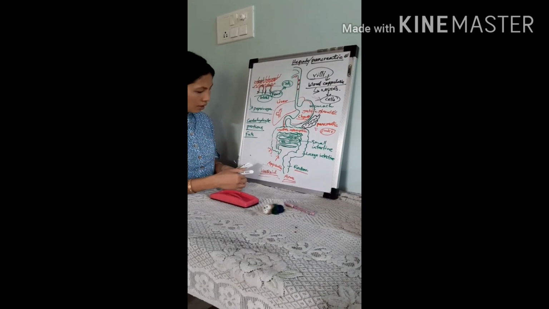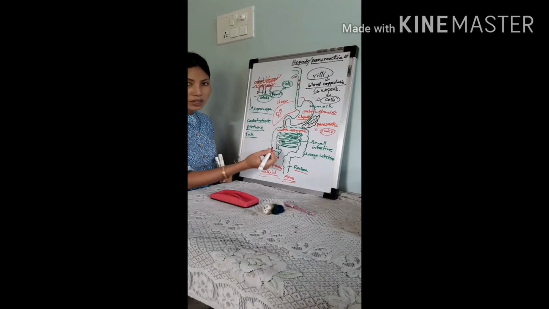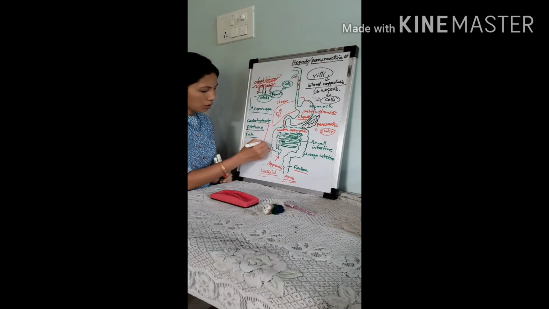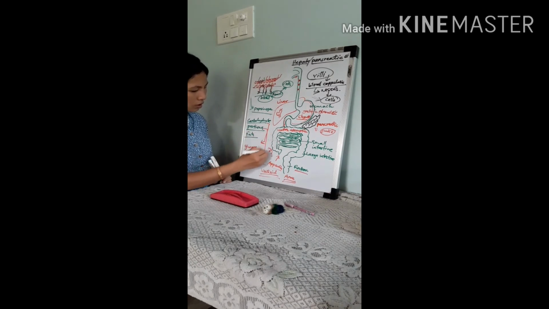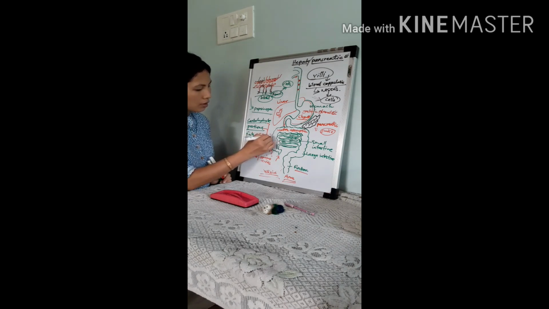So finally, these different components of the food are converted. Suppose the carbohydrate is converted into glucose, proteins into peptides or amino acids, and fats into fatty acid and glycerol.